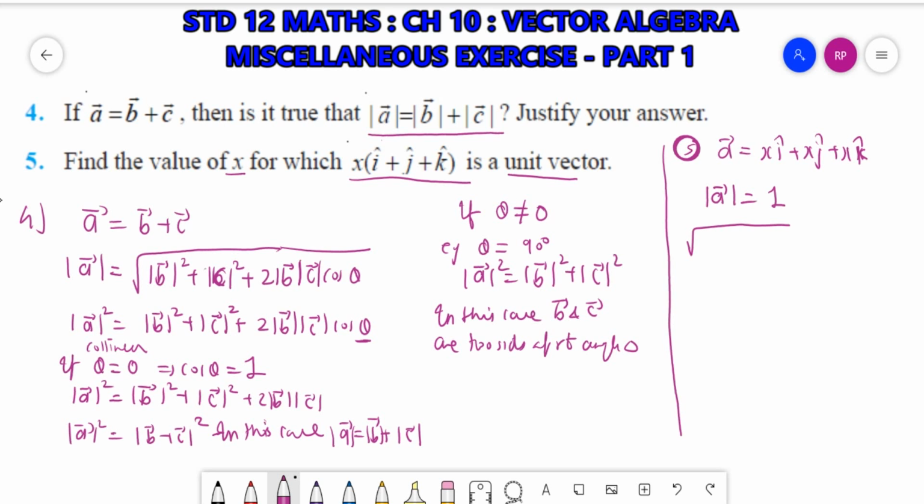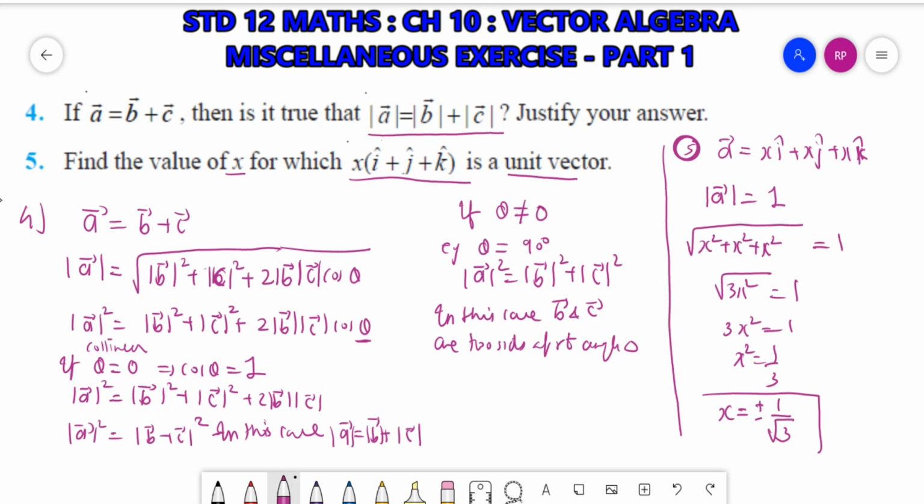Under root of x square plus x square plus x square equals 1. So 3x square equal to 1. Squaring on both sides, x square equal to 1 by 3. So the value of x is plus minus 1 by root 3. Okay, so this was about question number 5. So note down question 4 and 5.